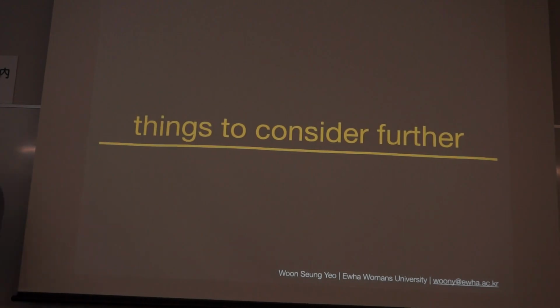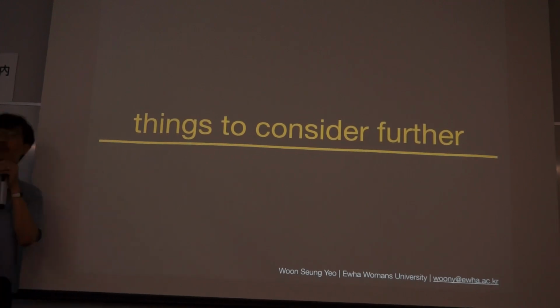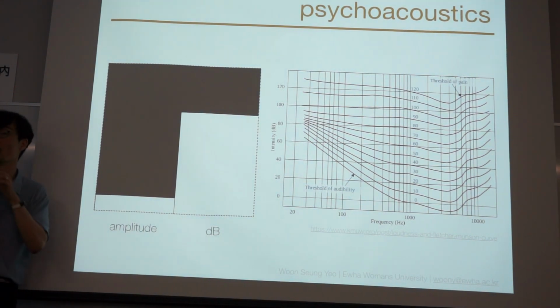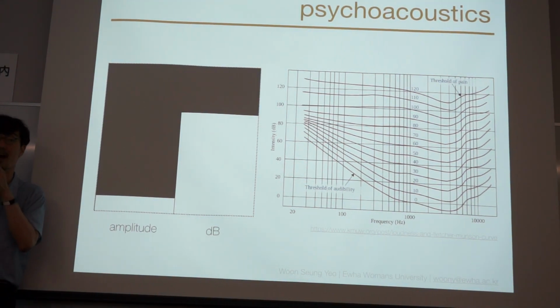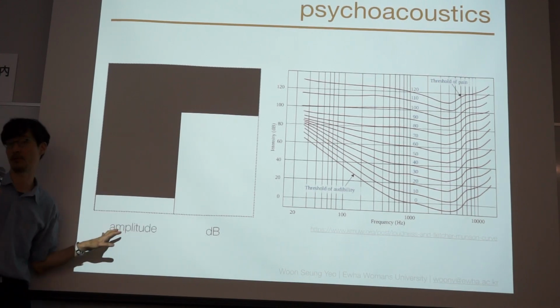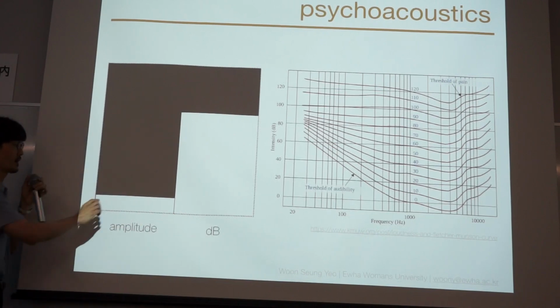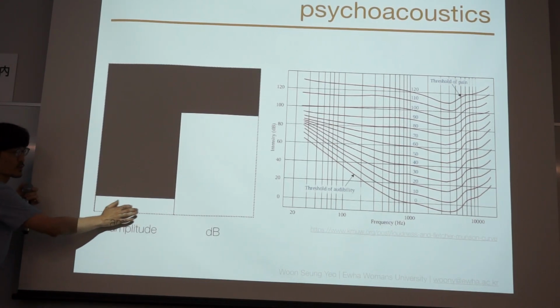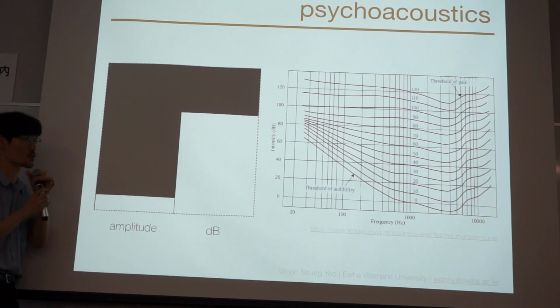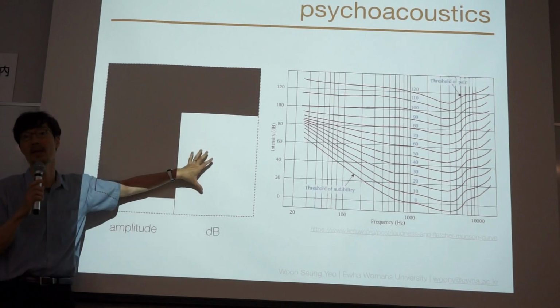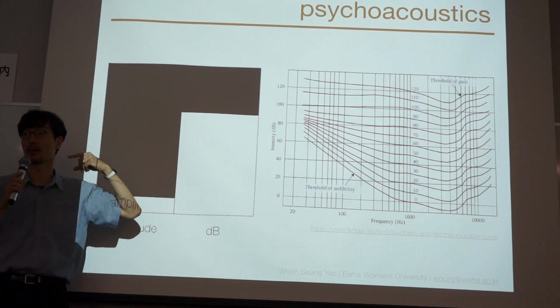All right. So that is another example. And there are some other things to consider for visualizing sound. The first one is psychoacoustics, or the way we perceive sound or music. You all know the difference between the amplitude scale, 0 to 1, and the decibel scale, right? Even small changes in the lower amplitude range are actually perceived as very big by humans, right?